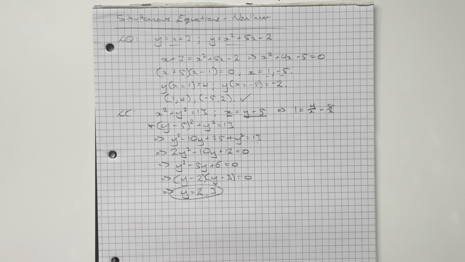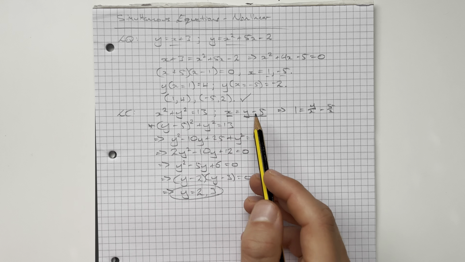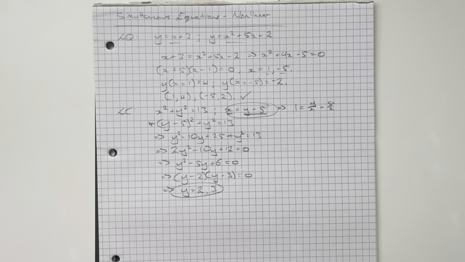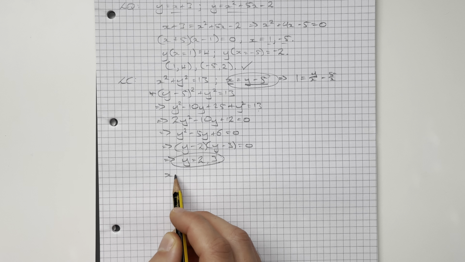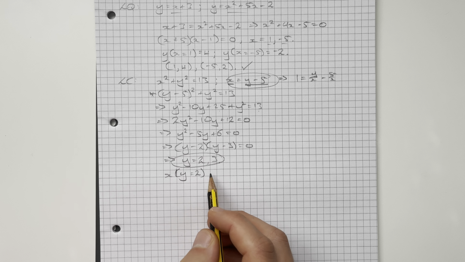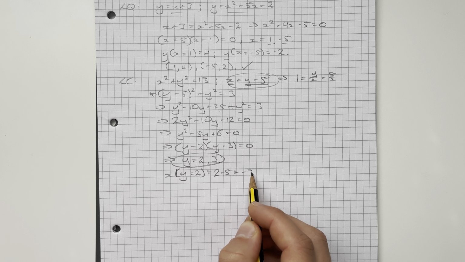Again, we need to take these and substitute them into either equation to find the values for x. The linear equation looks a little bit simpler, so we'll plug them in there. So x, when y is equal to 2, is equal to 2 minus 5, which is equal to minus 3.